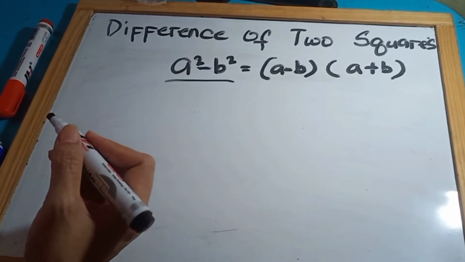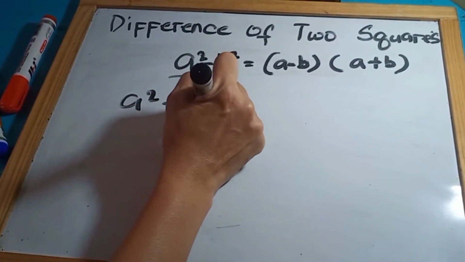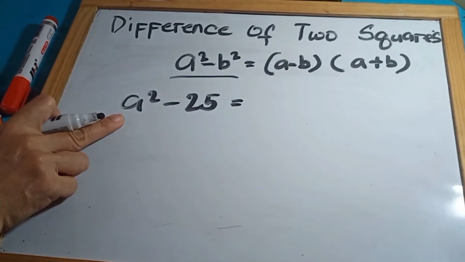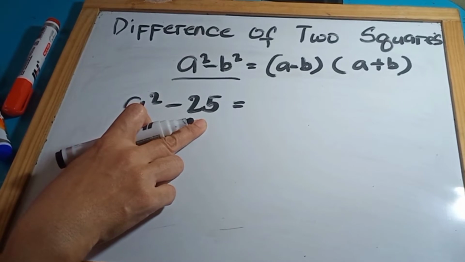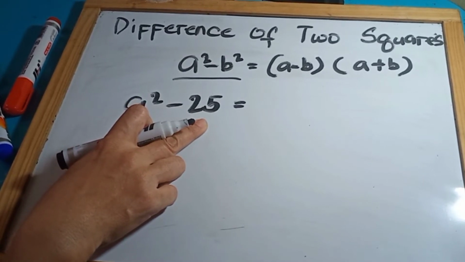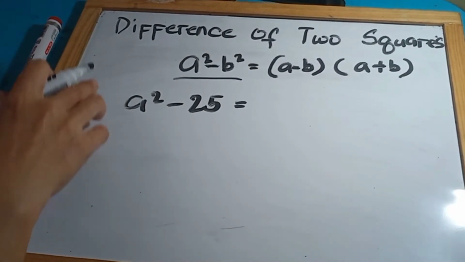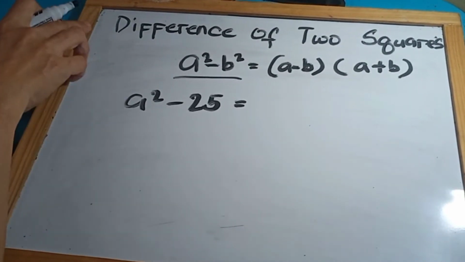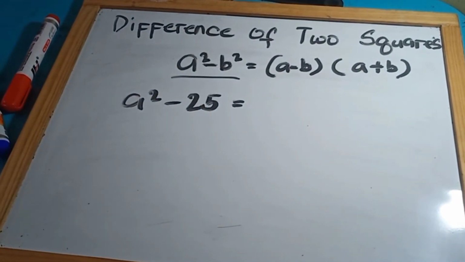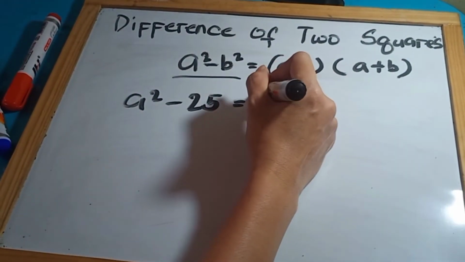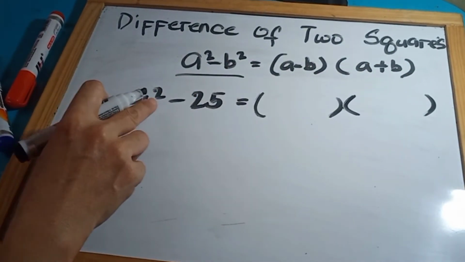So, ibig sabihin, kapag difference of two squares, siya ay equal sa product of their sum and difference. Okay, so let's have an example. a squared minus 25. a squared is a perfect square? Yes. How about 25? Is it a perfect square? Yes, as well. So, therefore, this is an example of difference of two squares. So, what is the factor of a squared?